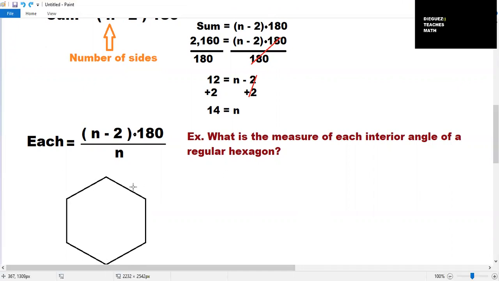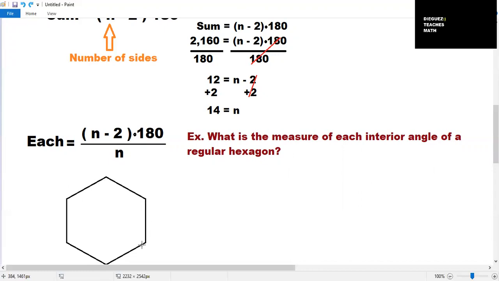Now, I only want the measure of just one. So I only want that measure there. Now, I know that this is a regular hexagon, right, which means that all of these sides are congruent. So what that means is that this is the same as all of the other angles. So all of the angles and all of the sides have the same measure.